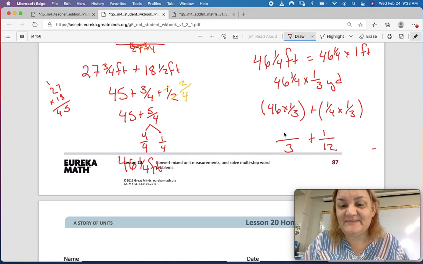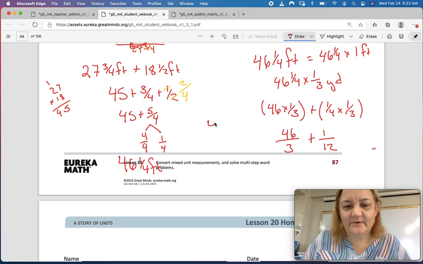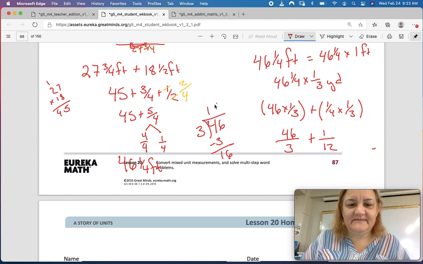46 times 1 is 46. There we go. That was a big mistake. 46 divided by 3 would be 15 with 1 left over, and 1/3.